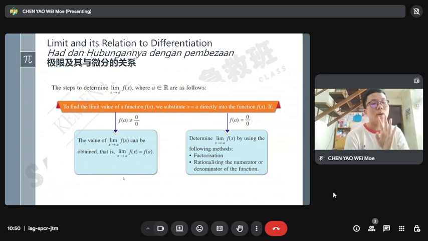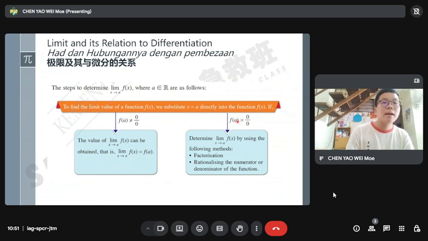But when it's not 0 over 0, you just substitute it into the equation and get the answer: the limit as x approaches a of f(x) equals f(a).